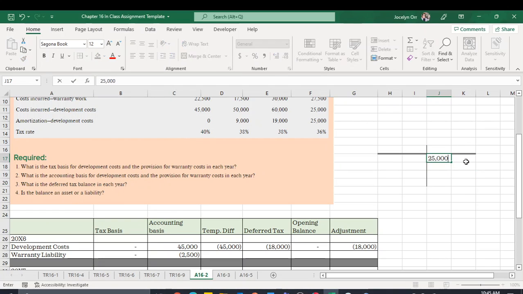So we established the liability for $25,000. We then use up $22,500 of that, which leaves me a balance of $2,500 on the credit side, so it appears in parentheses. 0 minus my balance gives me my temporary difference, multiplied by 40% because that's my tax rate with a 0 opening balance.